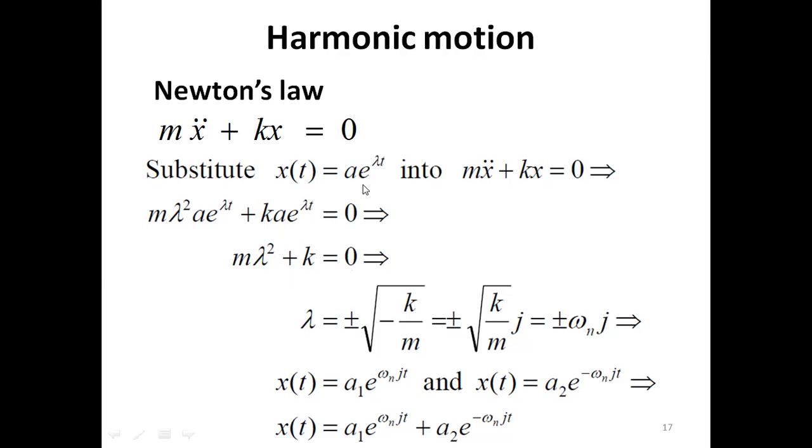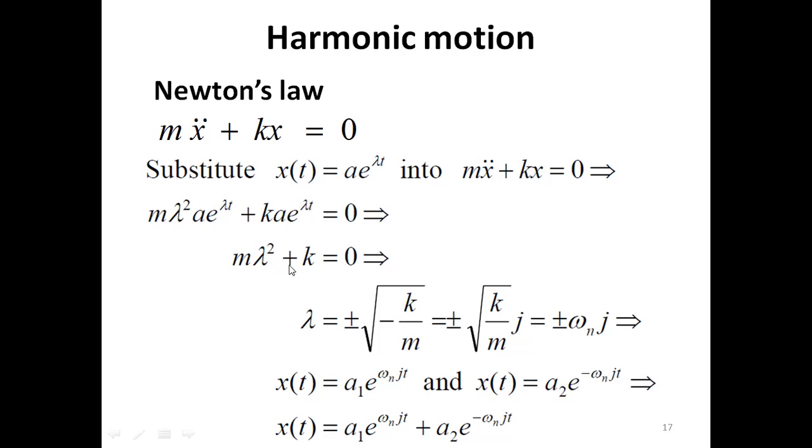We know that a exponential lambda t is the displacement, and the displacement is 0 only at the equilibrium position, but at all other intermediate positions and extreme positions, the displacement has values. So during the whole vibration, a exponential lambda t cannot be equal to 0. It means that m lambda square plus k is equal to 0 at all instances during the vibration.